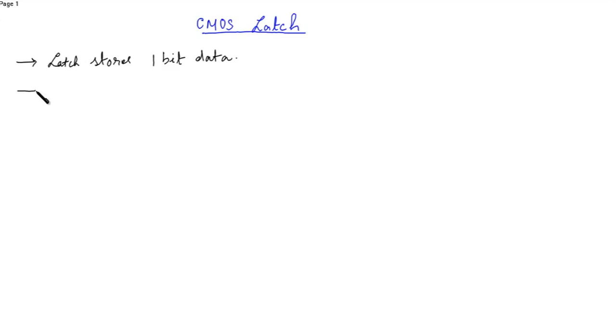In this lecture, we will learn about the CMOS D latch. There are many methods by which we can model a latch by using NOR gates.